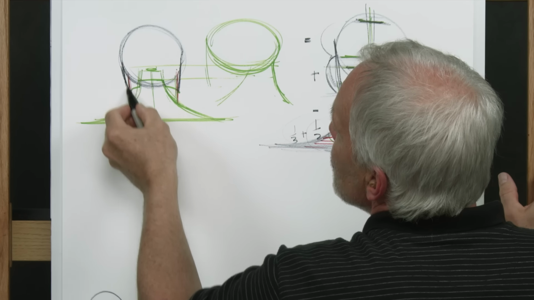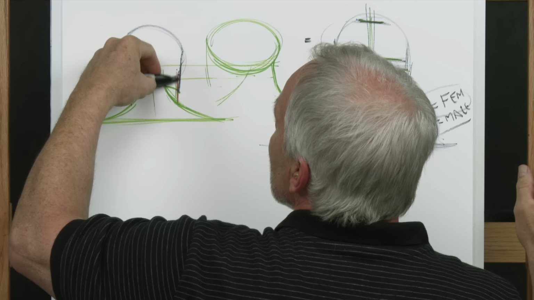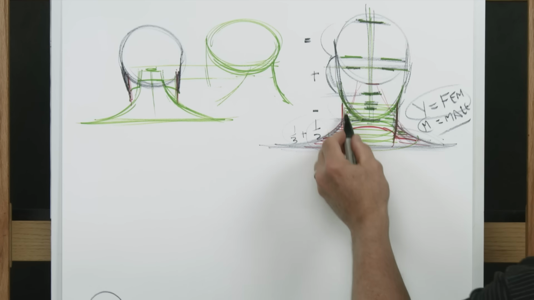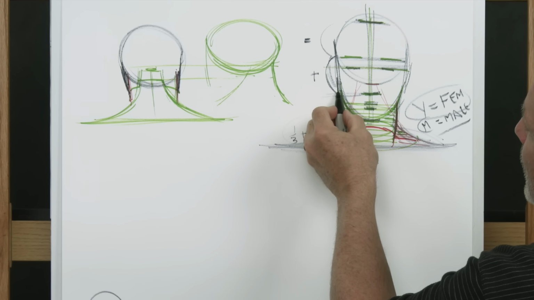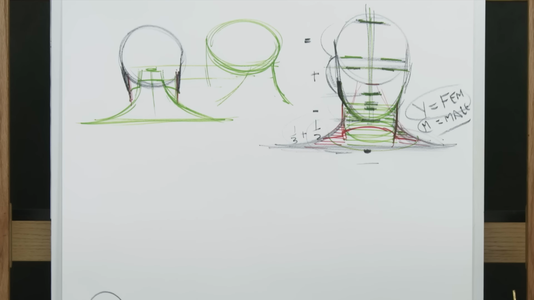Unless we have a huge neck, we'll see a little bit of face, a little bit of face for that wider chin and skinnier neck relationship.